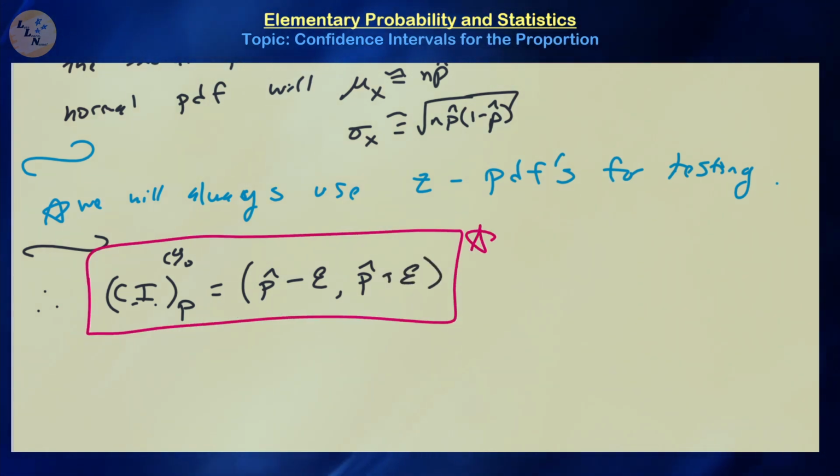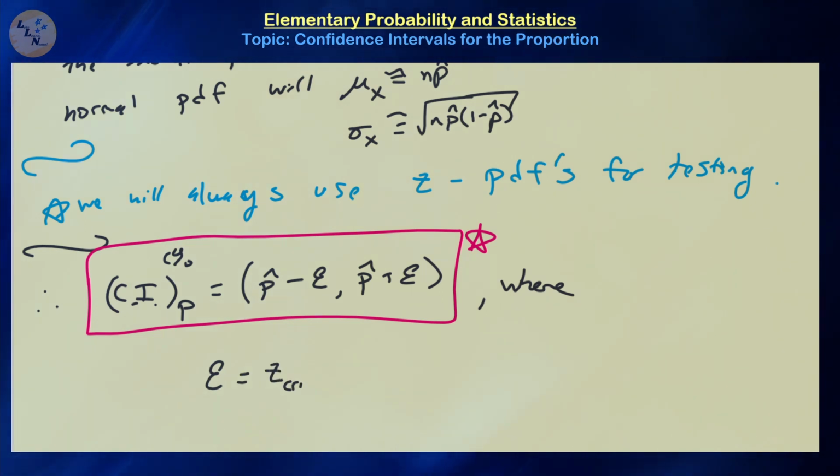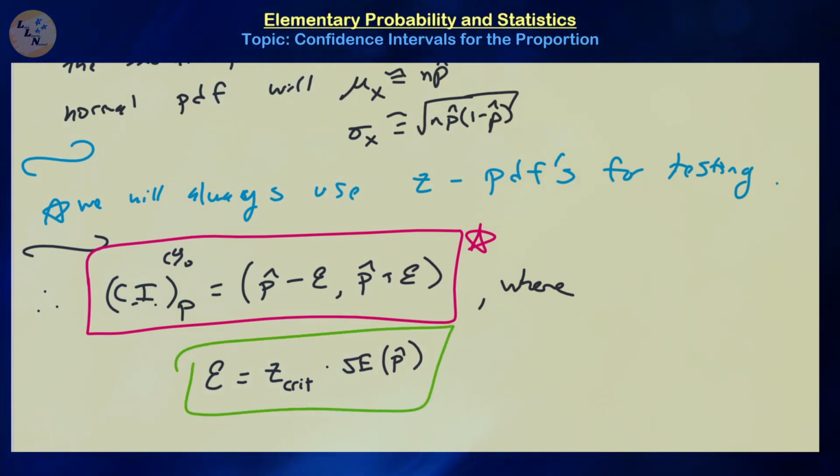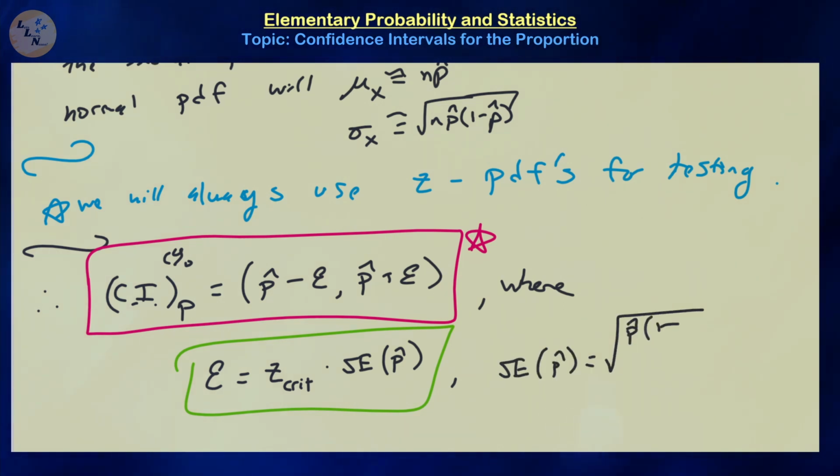So that is our structure for our confidence interval for the proportion, where the margin of error is going to be equal to our z critical value times the standard error of the estimate for p hat. And what is the standard error of the estimate for p hat? That's going to be equal to the square root of p hat (1 - p hat) all divided by n.